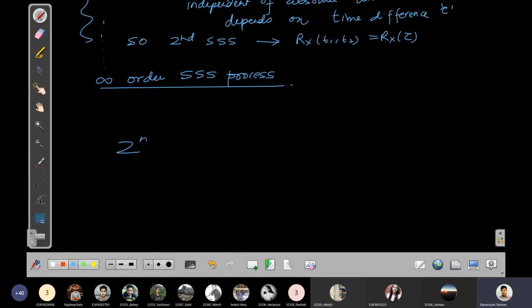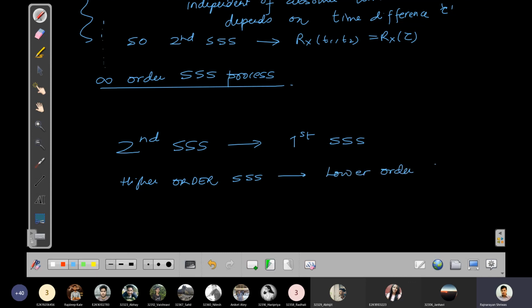So if you say, let me write, second order stationarity implies first order stationarity. Higher order strict sense stationarity implies lower order, anybody can prove this one, but the reverse is not true.